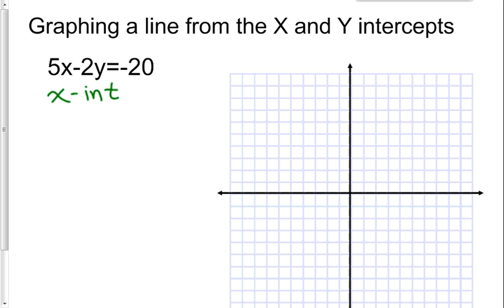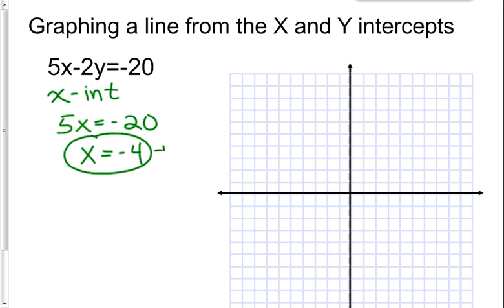Remember, for the x-intercept, you get rid of the y term. So we have 5x equals -20. We divide both sides by 5, and x equals -4. As an ordered pair, it's (-4, 0). So if we plot that on the graph, we go to (-4, 0), and we have a point right there. The point is on our x-axis, which makes sense because we found the x-intercept.